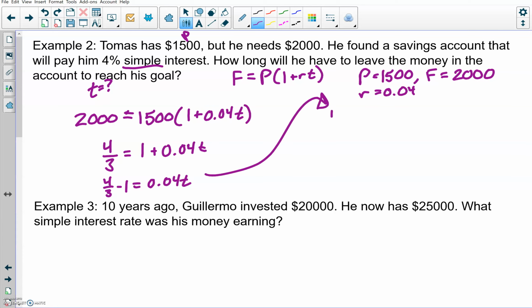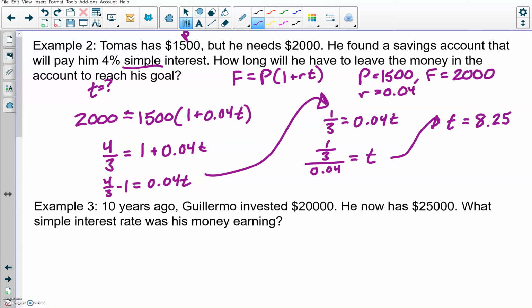And we are going to get 1/3 on the left side after we simplify equals 0.04 times T. And then 1/3 divided by 0.04 would equal T. Divide what's being multiplied to get to the answer. And when you work that out, you will get that T is equal to approximately 8.25 years. So Tomas may want to think about picking up a second job if he needs that money quickly.